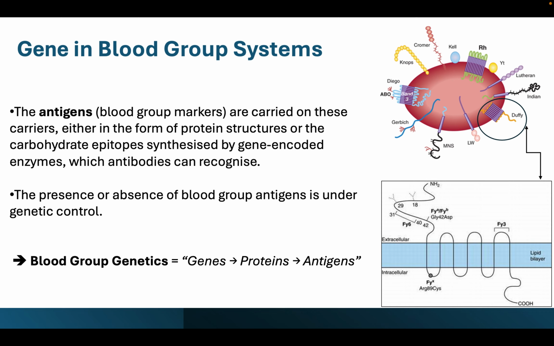So the antigen, the blood group marker, is carried on this carrier. As you can see here on the right corner, the red blood cells have multiple carriers on them. If we take the Duffy blood group system, the Duffy protein, and enlarge it in the below image, this is how it looks on the surface of the red blood cell. As you can see, it's the carrier and it carries a protein.